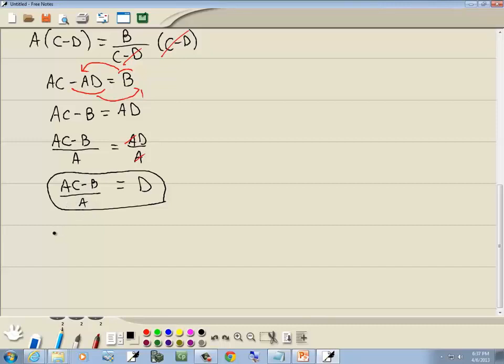We can split this into 2 separate fractions. So you have ac over a minus b over a equals d. And then these a's would cancel, and you'd have c minus b over a is equal to d. So on these formula problems where you're solving for a variable, if you don't get the same answer as the back, don't really stress about it, because that oftentimes happens.